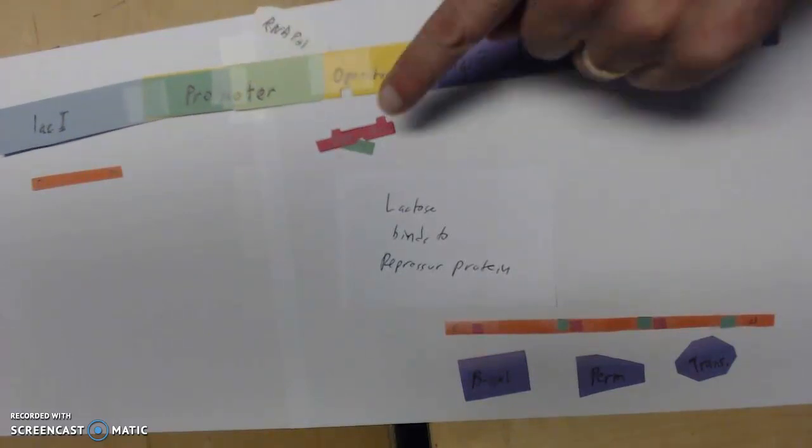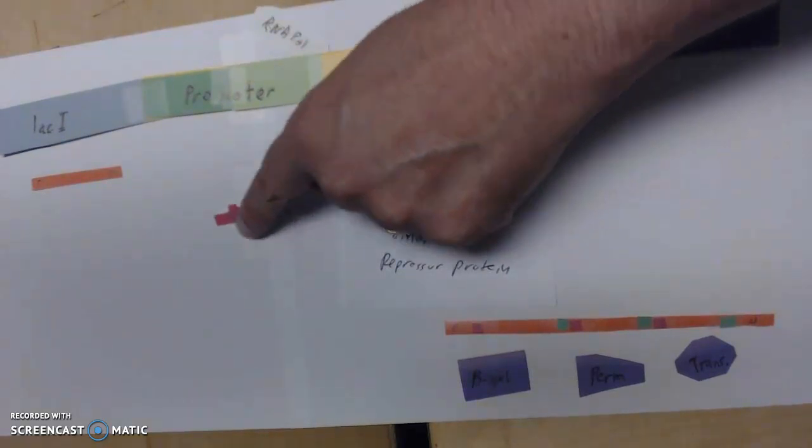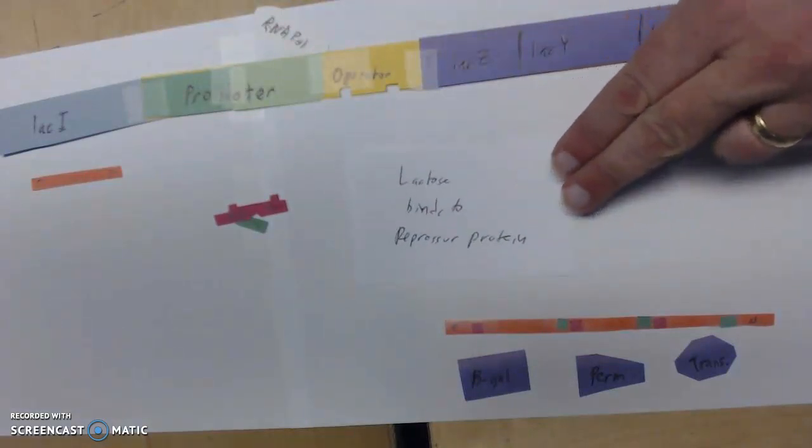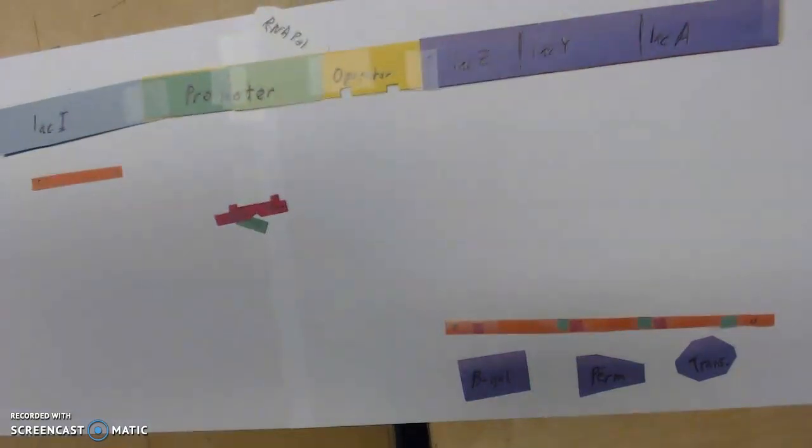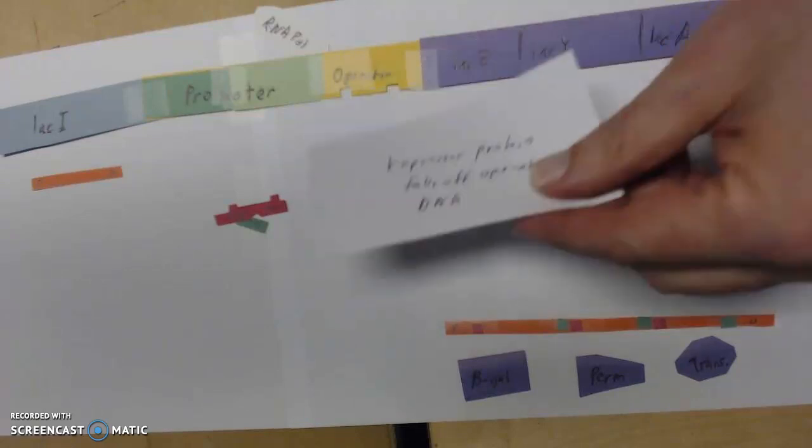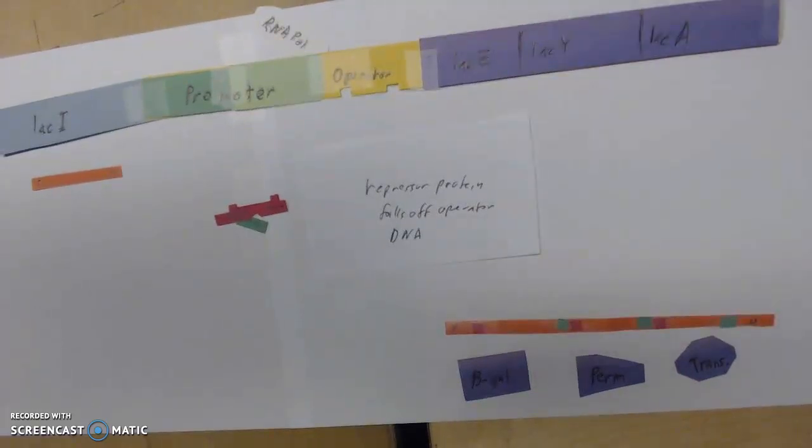So now the repressor protein cannot bind to the operator. So there it goes away. So the repressor protein falls off the DNA, and RNA polymerase can now transcribe this gene.